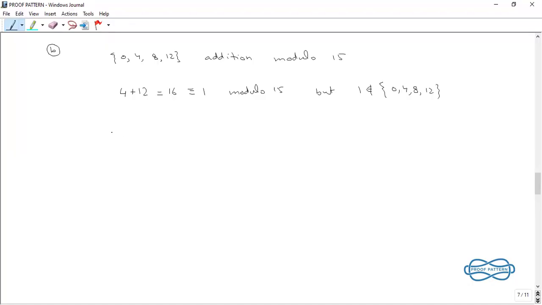So the conclusion is the set is not closed under addition modulo 15, although this set was closed under addition modulo 16.